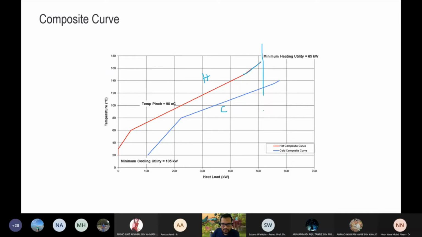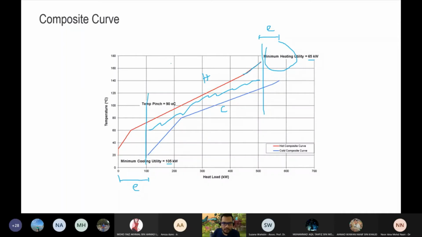So all of these are the area where heat recovery can happen, and this part is the external utility, like furnace or boilers or whatnot, and from here to there roughly, it's also going to external, like cooling tower and so on. So this is what we call the minimum cooling utility, which happens to be 105, and this is the minimum heating utility of 65.